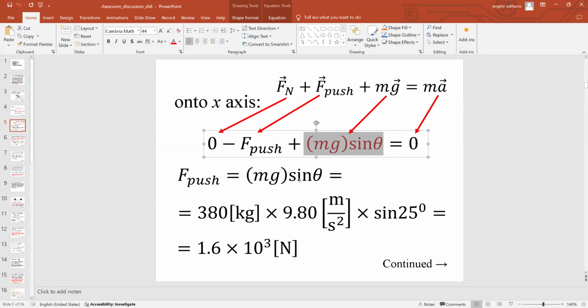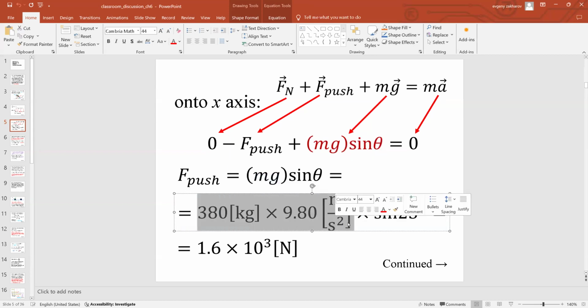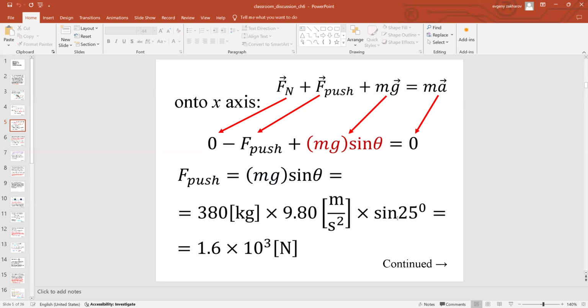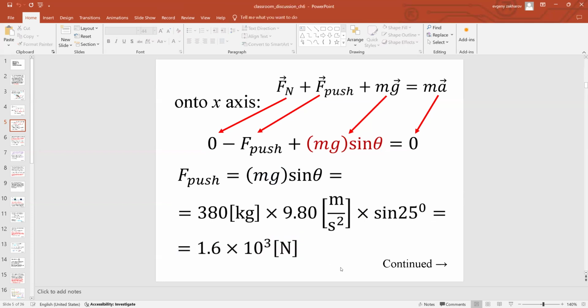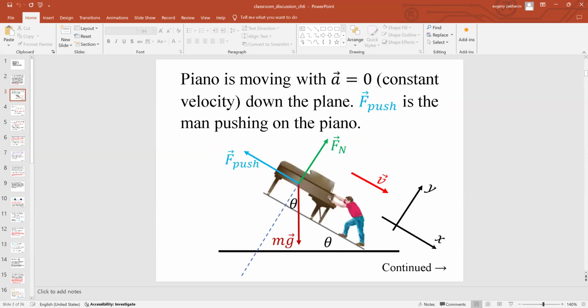So the second equation allows us to solve for what's missing. What was missing is the push force. It's mg sine theta. Mass is given, g is given, and sine of the angle gives this much. So it's 1600 newtons, which is quite a lot, but hey, it's the piano, right?